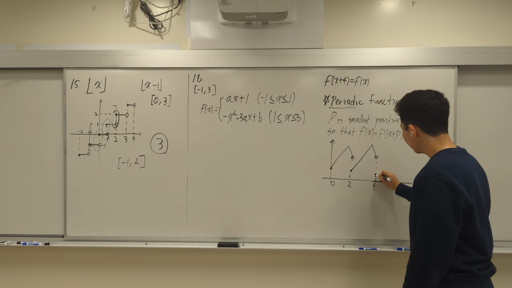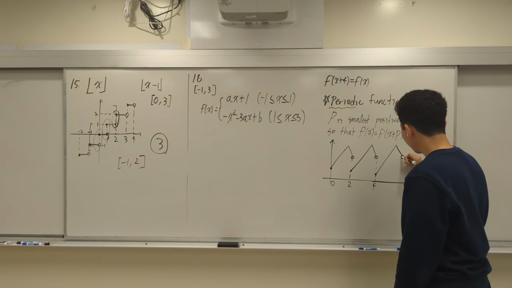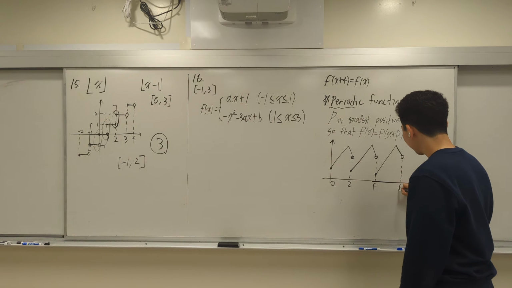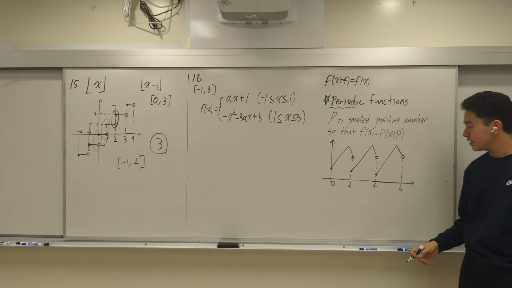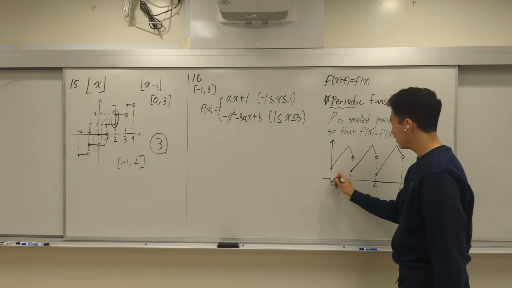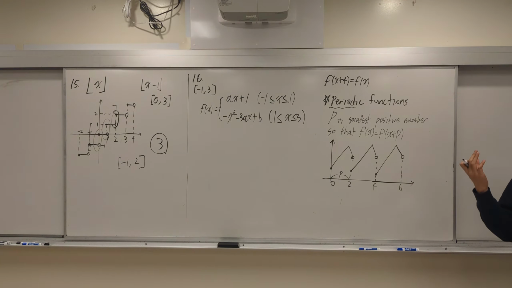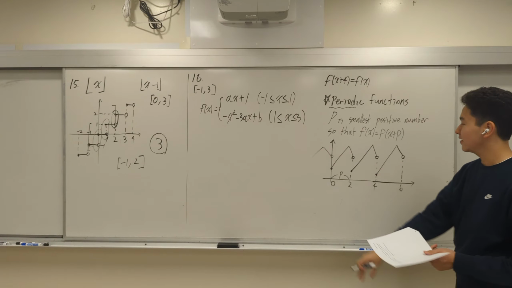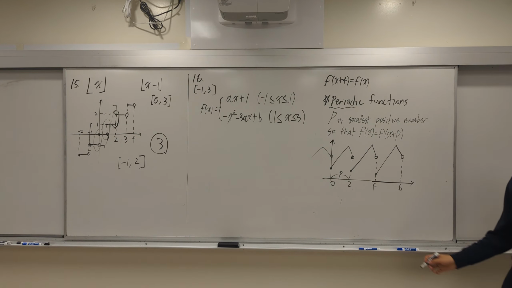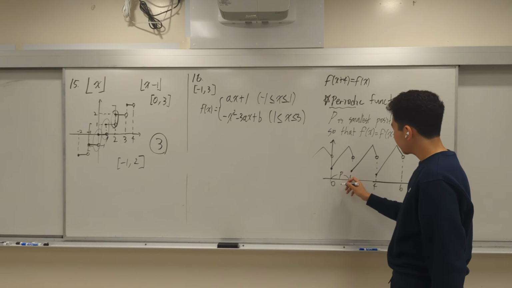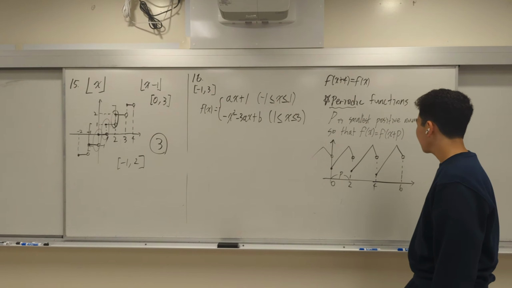And then I repeat this pattern again, identical shape, and then we end up at 6. So the period is basically the length in which this pattern repeats, and we want the smallest positive length. If it's defined on the set of all real numbers, this will extend into the negative numbers as well. So the period of this function is 2 in this case.